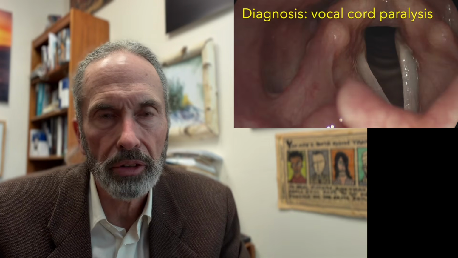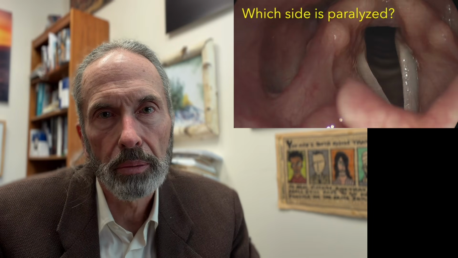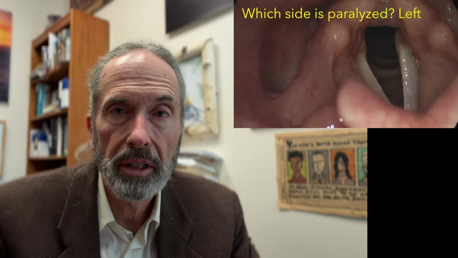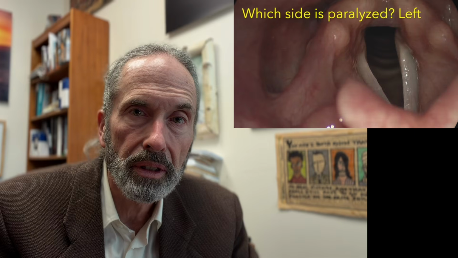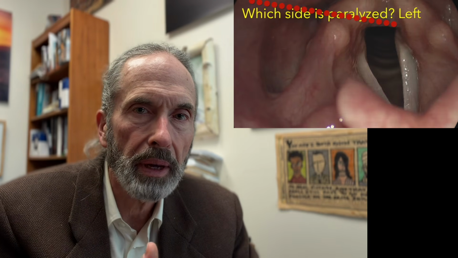I think the most common conclusion, when you see something not moving well, is to jump to the diagnosis of vocal cord paralysis. And often the next question is, which side? We might jump to the conclusion that it's the left side, but I actually think that's the wrong conclusion because it was the wrong question. Let's back up a little bit.